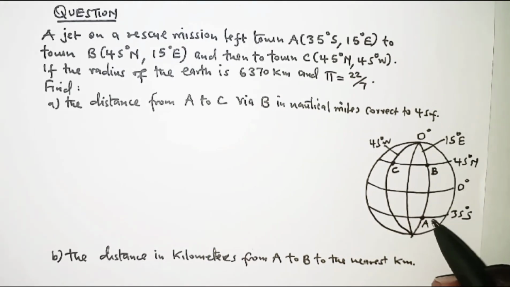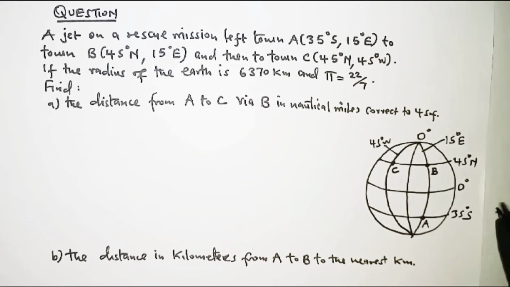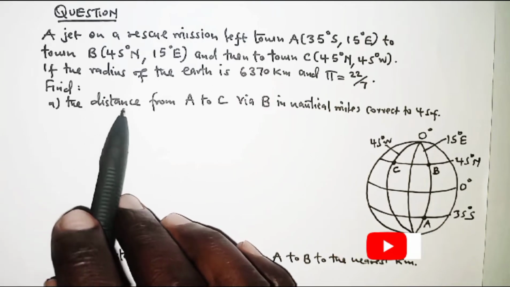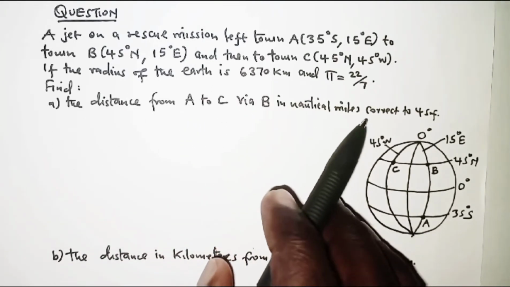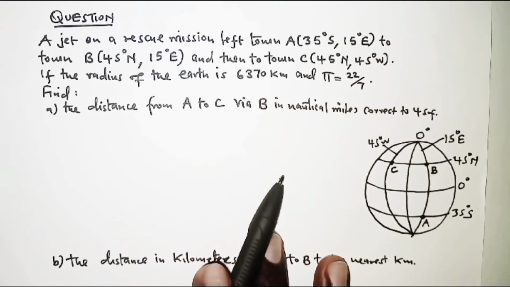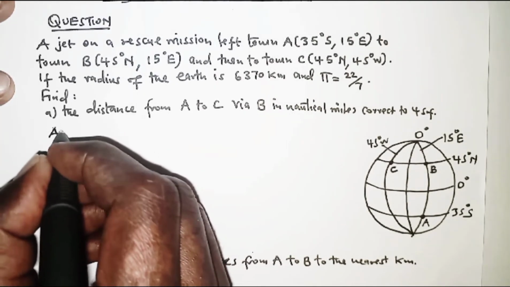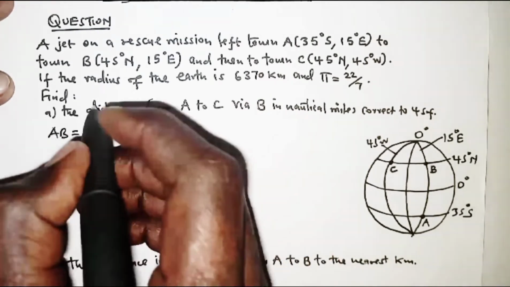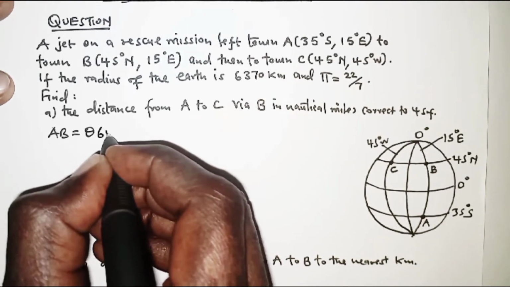So the plane moved from A to B and then from B to C. The question we are asked is to determine the distance from A to C via B in nautical miles. For us to get the distance in nautical miles, AB, the distance in nautical miles, is given by theta times 60.